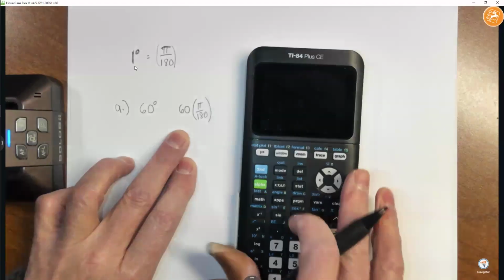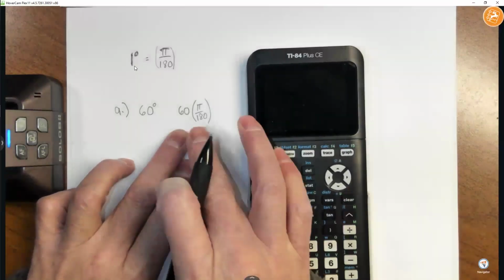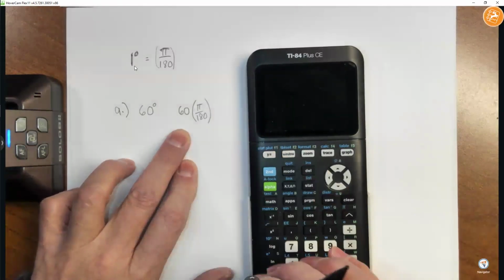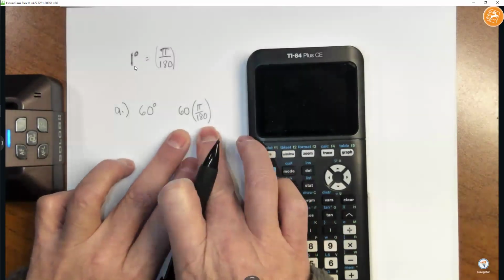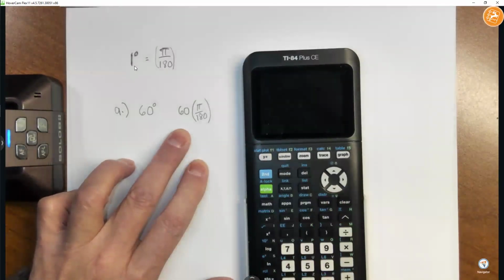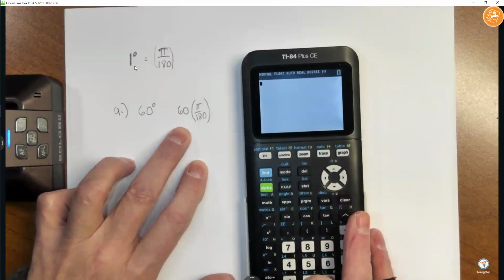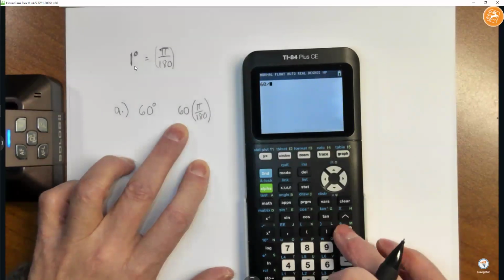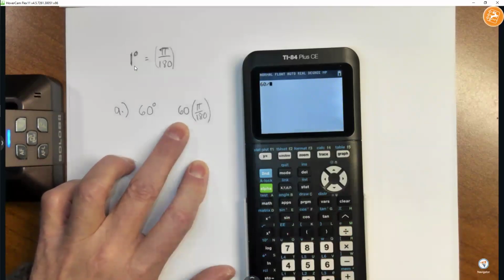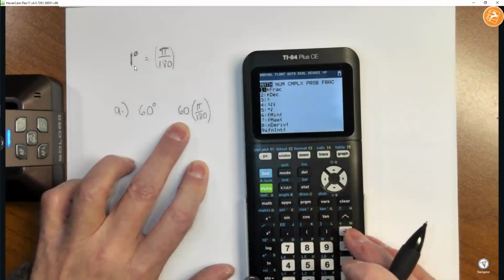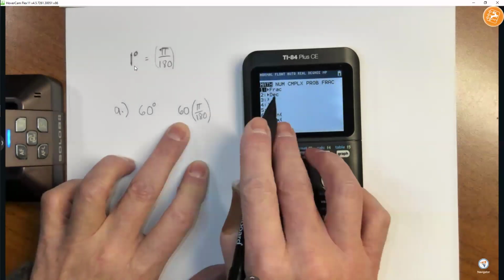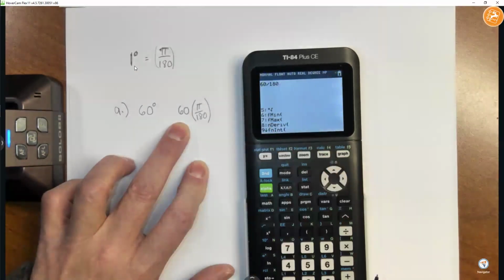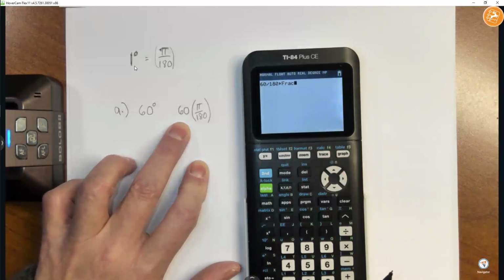You can reduce that in your head after you've done this for a little while, but I want to show you something nice on the calculator. If I don't want to reduce it manually, I can take the fraction part, 60 over 180, hit the math key, and ask for a fraction, and it will automatically reduce it to lowest terms.